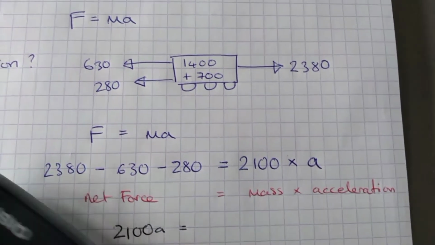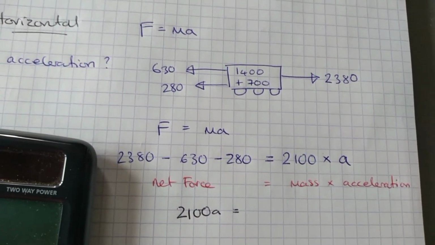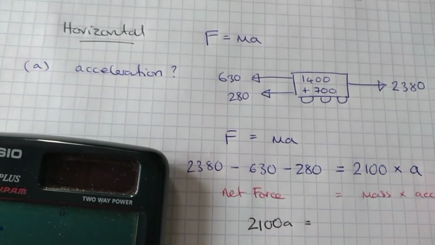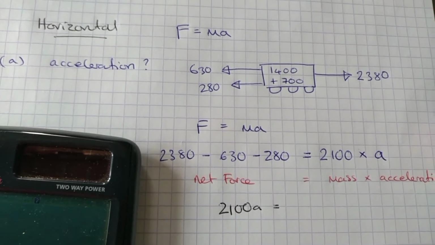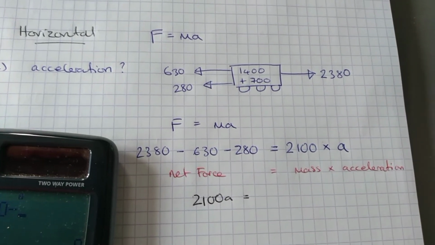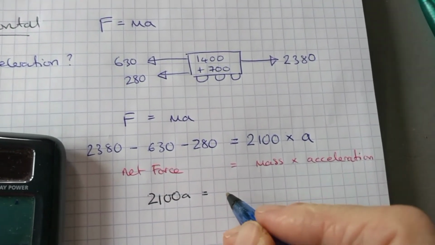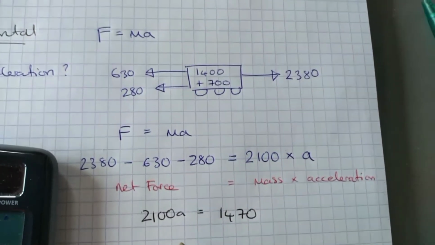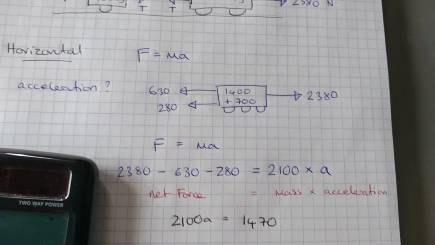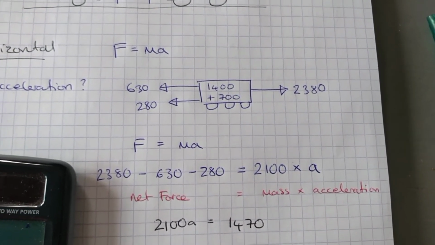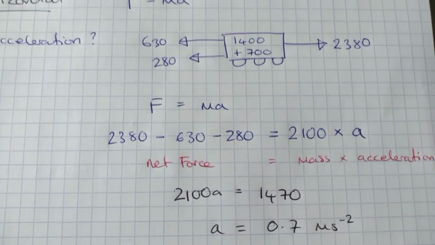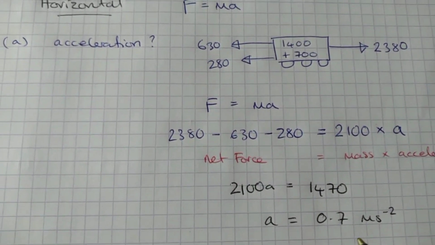Get the calculator out. 2,380 minus 630 minus 280 gives me 1,470, and A, if I divide that by 2,100, I get 0.7 meters per second squared. Okay, so that's the acceleration. So we just looked at it as a whole system for that one.